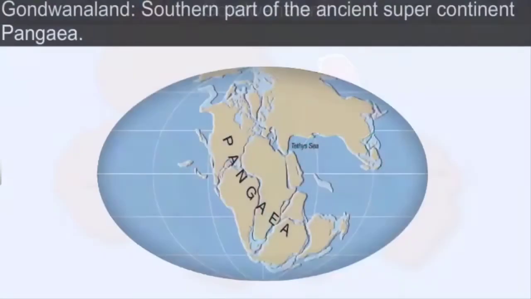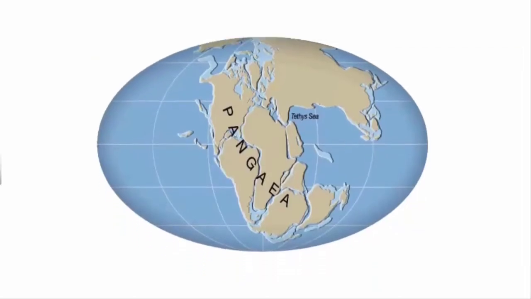Gondwana land is the southern part of the ancient supercontinent Pangaea, with Angara land in the northern part. Thus, the Peninsular Plateau is part of a very old landmass.